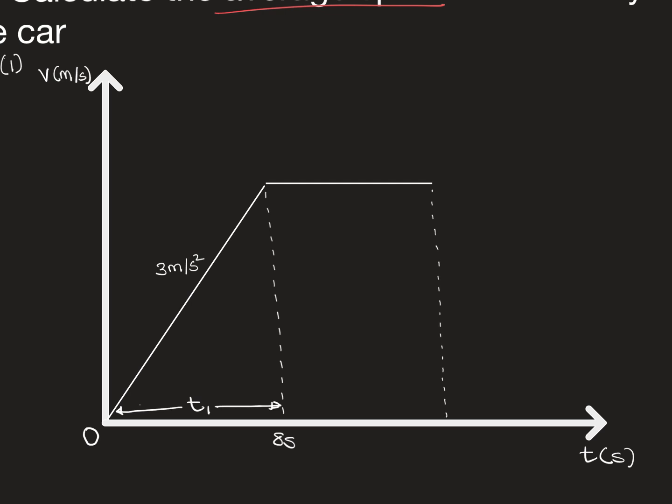But we can call that T2. That is the time for the second event. And finally, the car decelerated to rest. But the duration for that is also not known. So the time there can be indicated as T3.